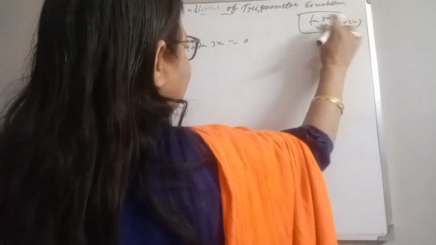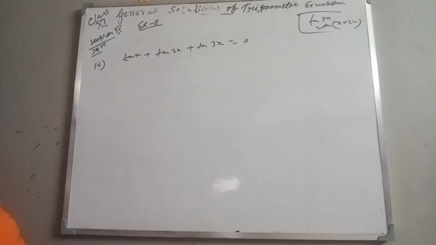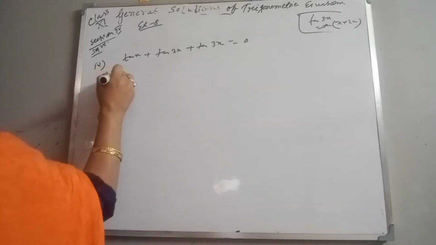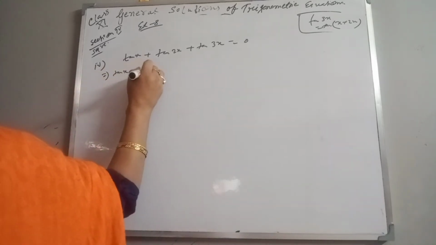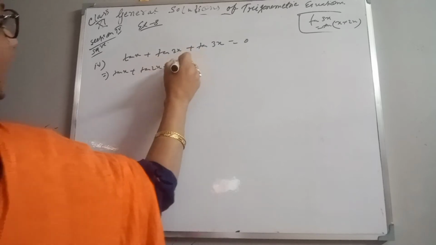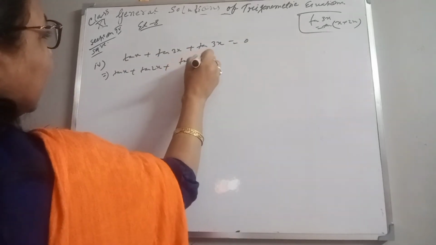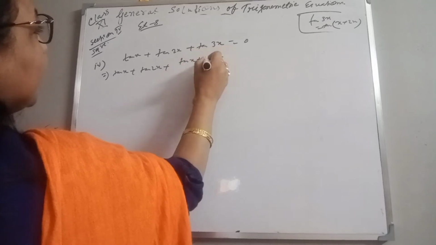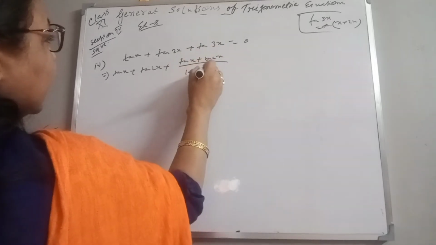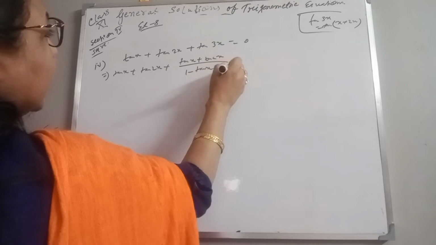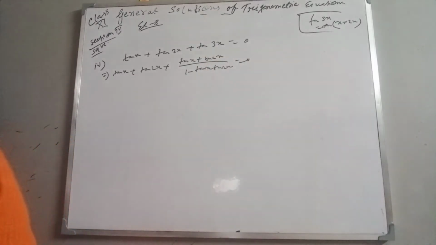So we will apply tan a plus b. So it is coming tan a plus tan b by 1 minus tan a tan b is equal to 0. Okay.